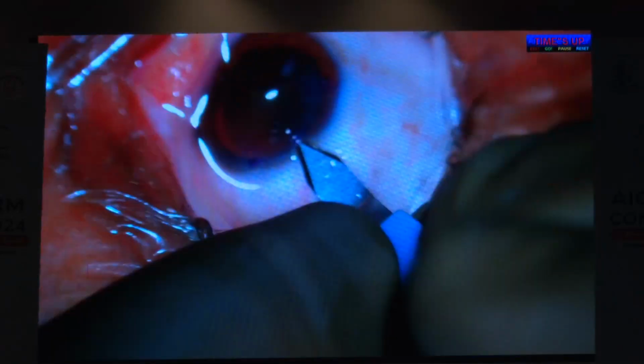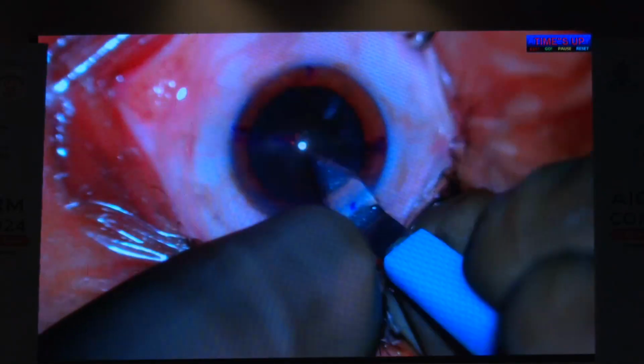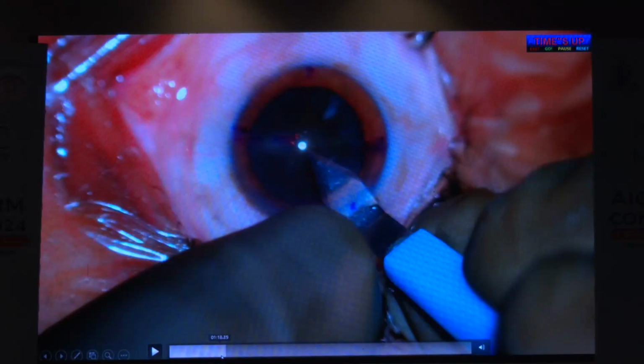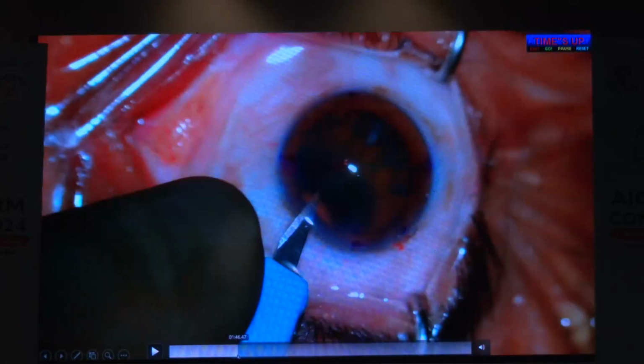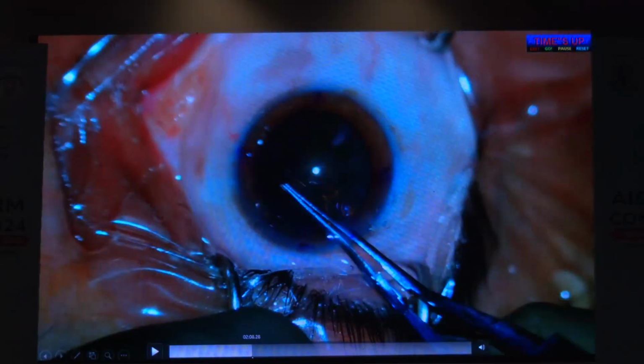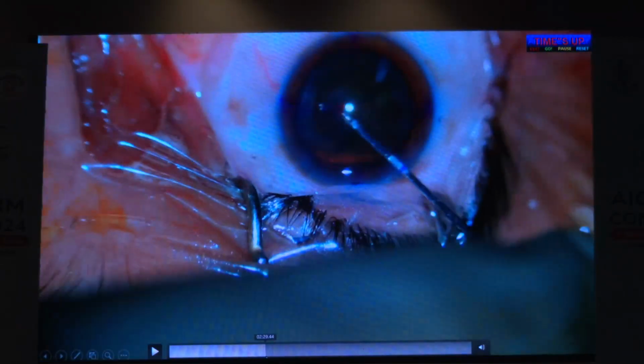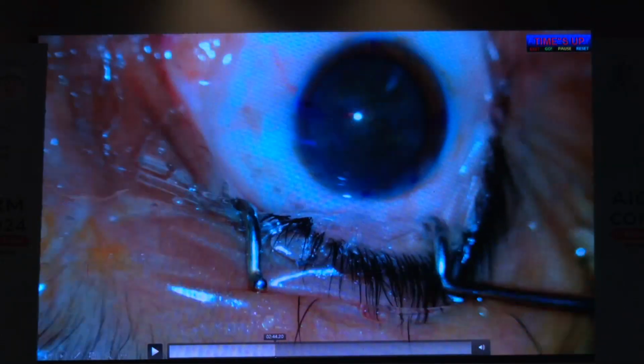Normal phaco is to be done. Good rexis. And the lens has to be placed in the bag.